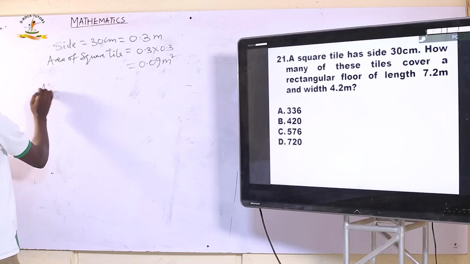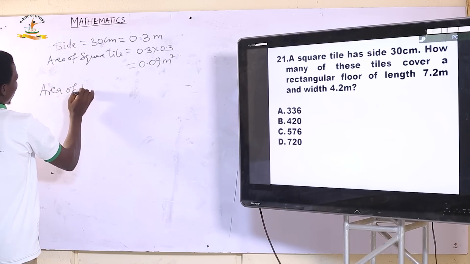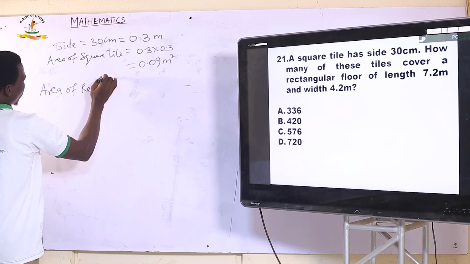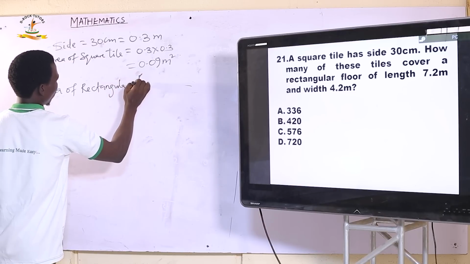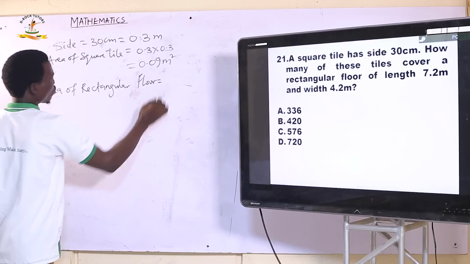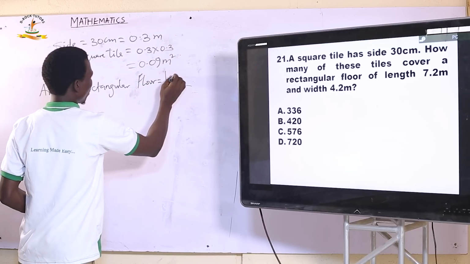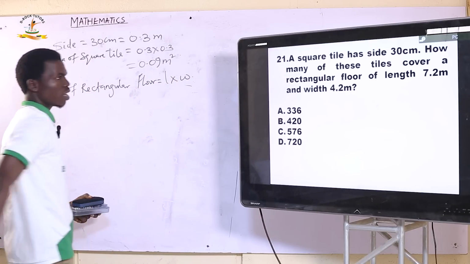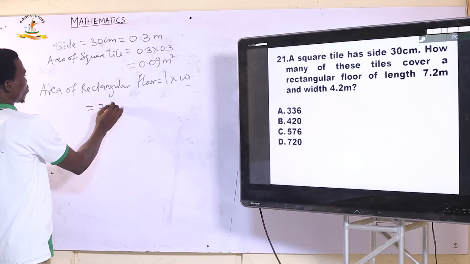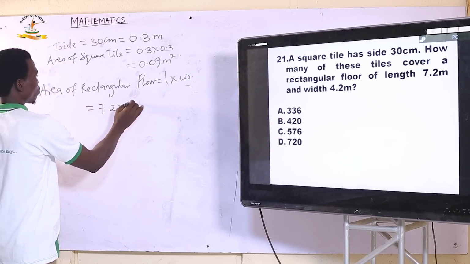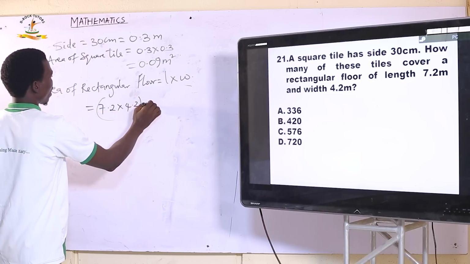Now that I've had my 0.09 meters squared, let's get the area of the rectangular floor. Area of floor, rectangular, is going to be length times width, or you see length times breadth. So length times width, and this is going to give me 7.2 times 4.2, all in meter squared.